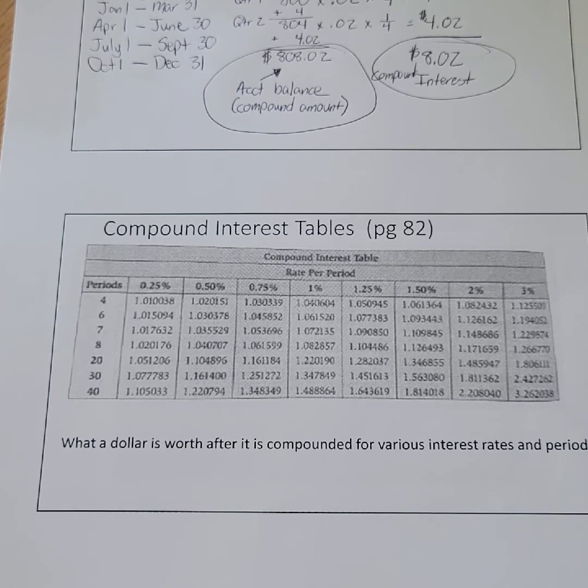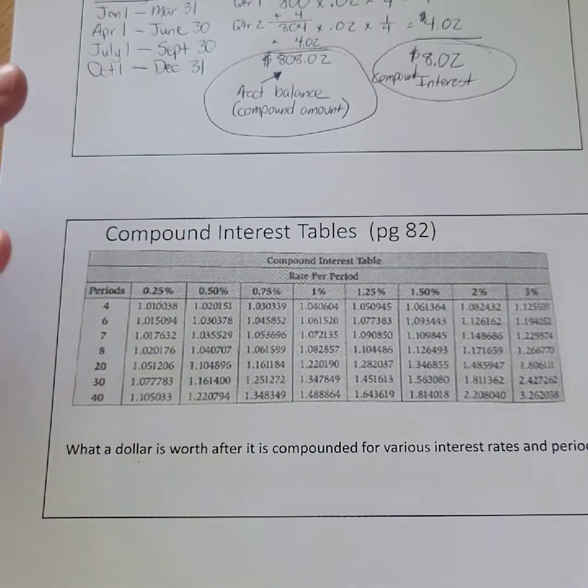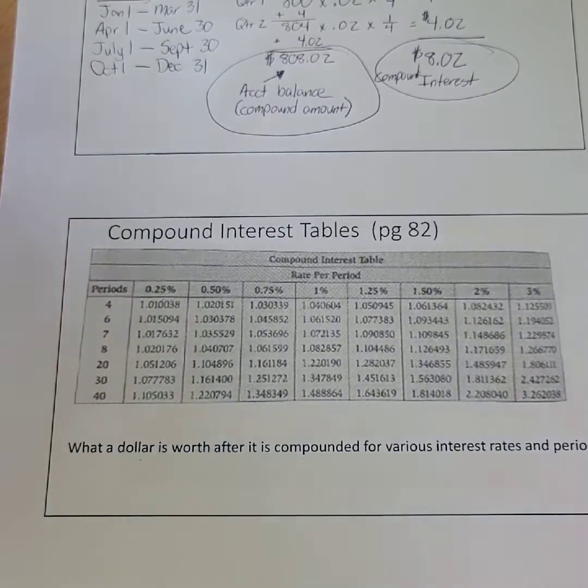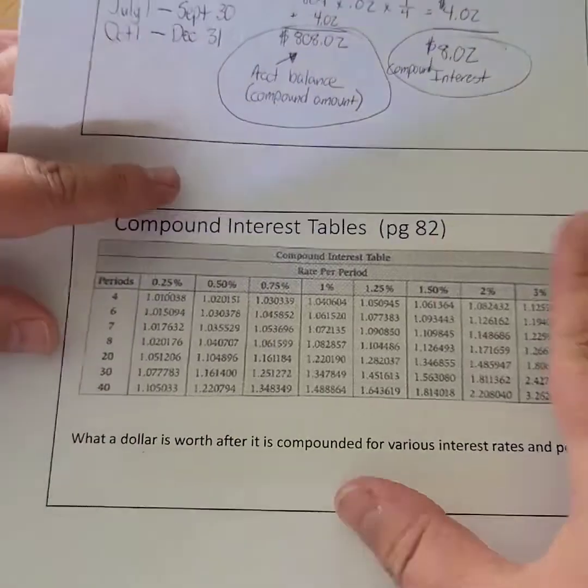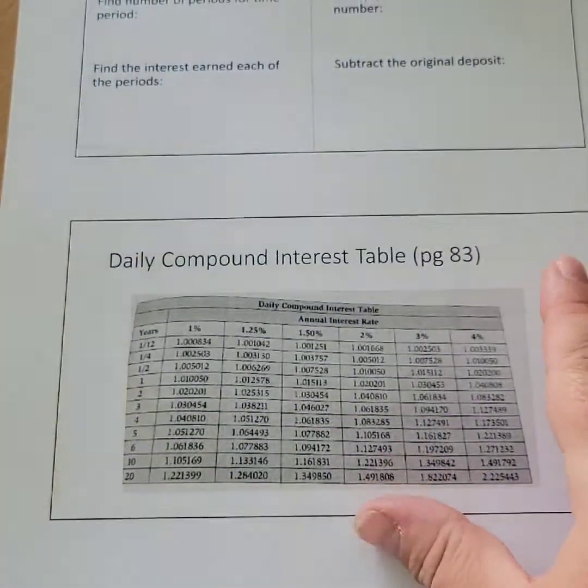It's what a dollar is worth after it's compounded at different interest rates and different periods. And periods do not mean years. Okay? So page 82 is a little bit clearer, but this one's not too bad.